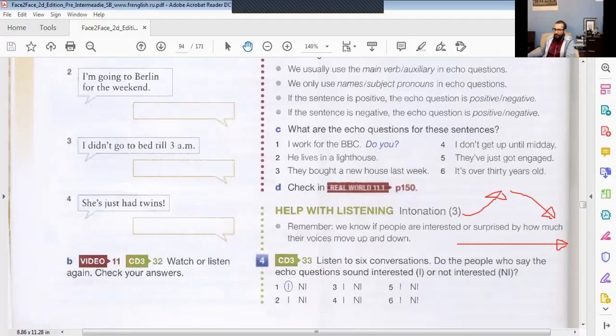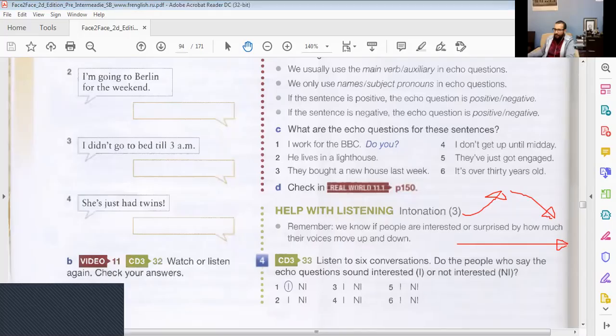1. Marcus and Nicola are getting divorced. Are they? 2. My brother doesn't eat meat. Doesn't he? 3.